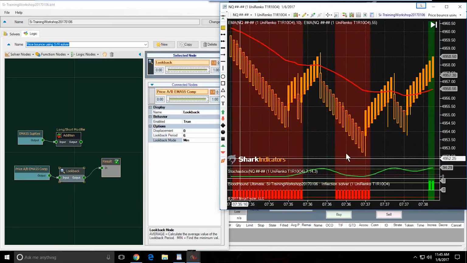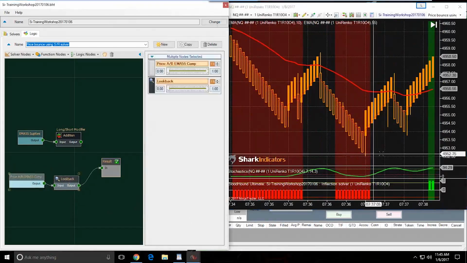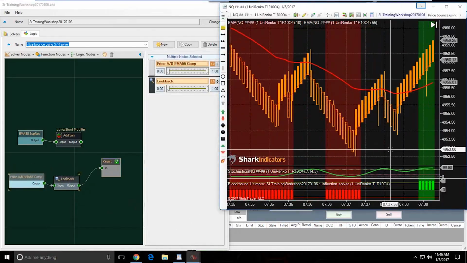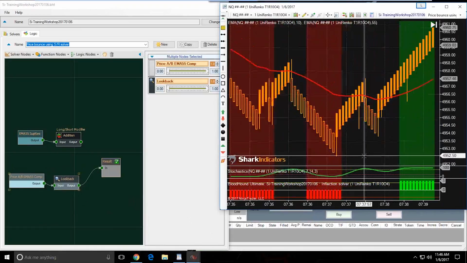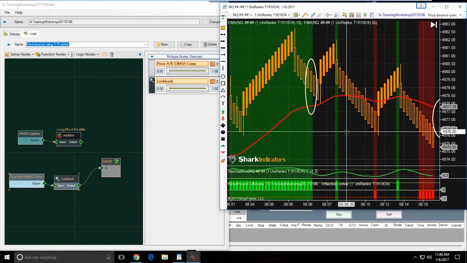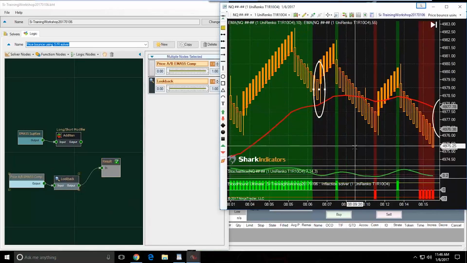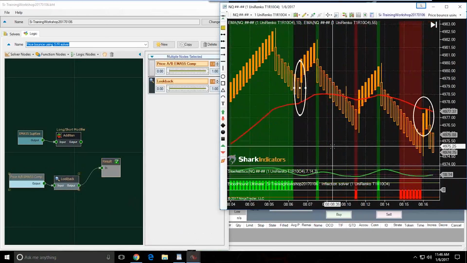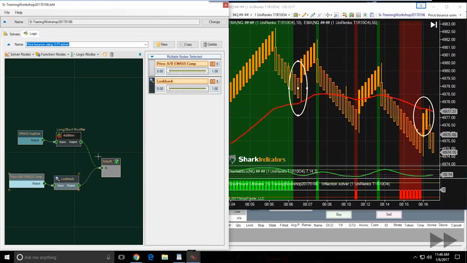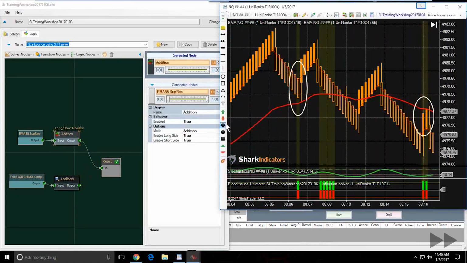We have our look back set here. Okay, so here's the point. Here are the areas we were looking at. Let's take a look at our bounce detection again. Let me mark these here.